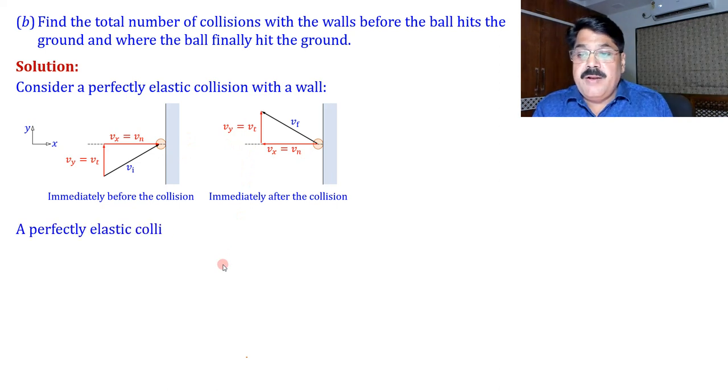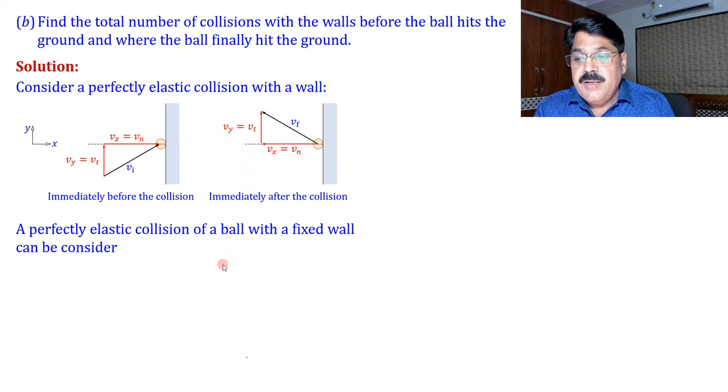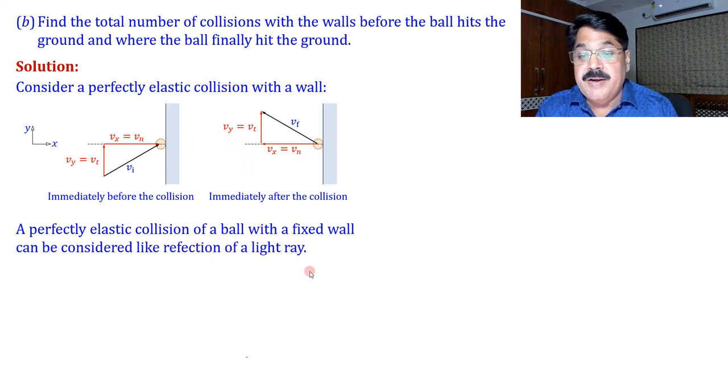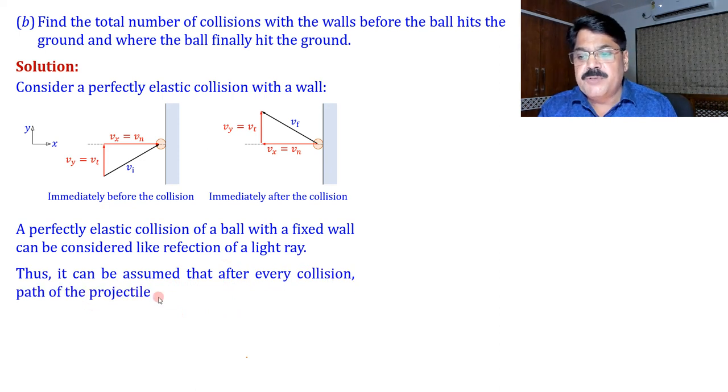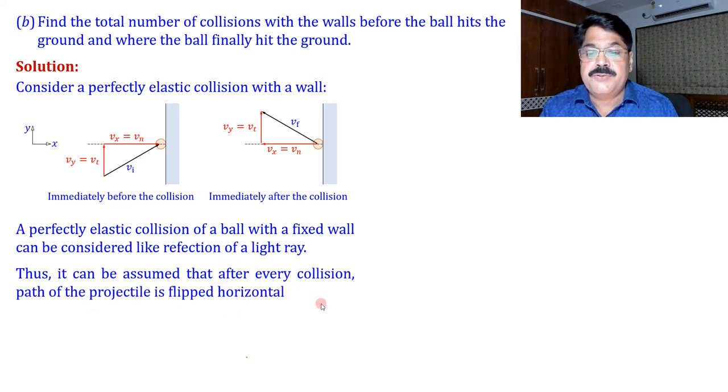A perfectly elastic collision of a ball with a fixed wall can be considered like reflection of a light ray. And this is a very remarkable idea. We can use it. Thus, it can be assumed that after every collision, the path of the projectile is flipped horizontally.